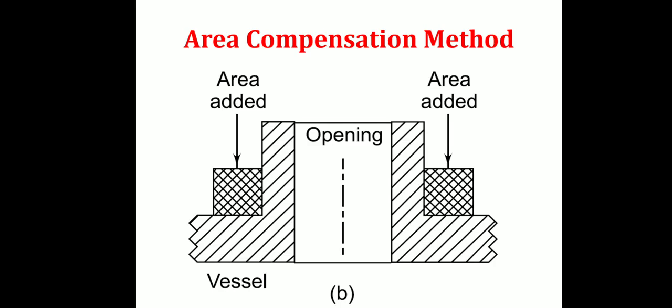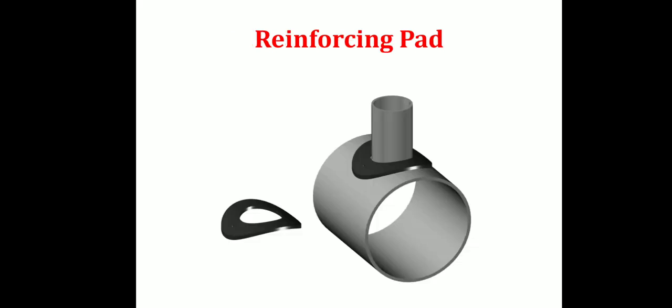In short, the area compensation method means area removed is equal to area added, and this is done by reinforcing the pressure vessel. The area that is added is called the reinforcing pad. This reinforcing pad is a circular plate with a hole at the center as shown in the figure.